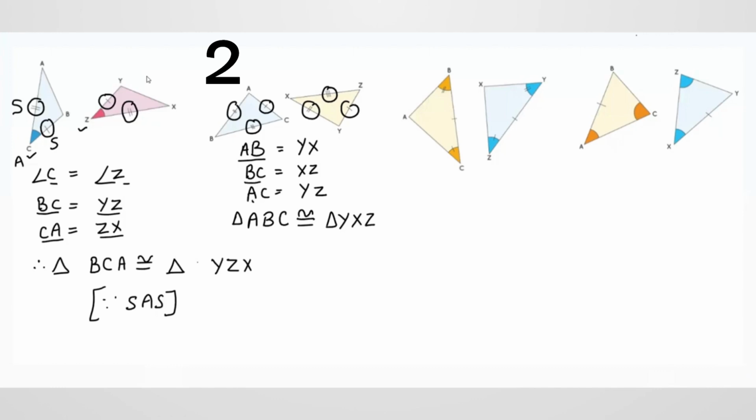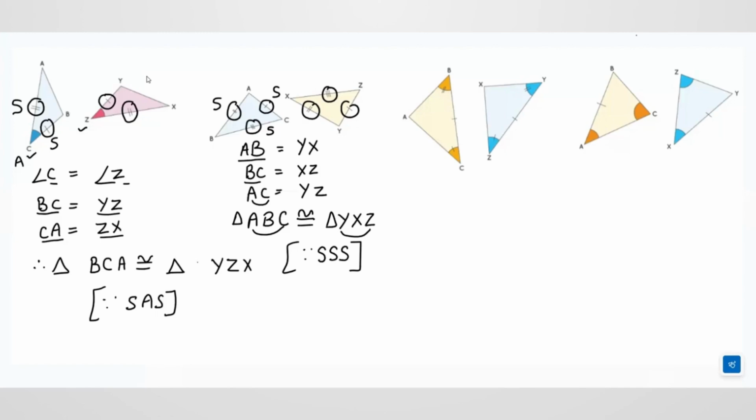So you can see here AC, AC, and if I will make here YZ, I will be able to make. So which criterion? Side, side, side.